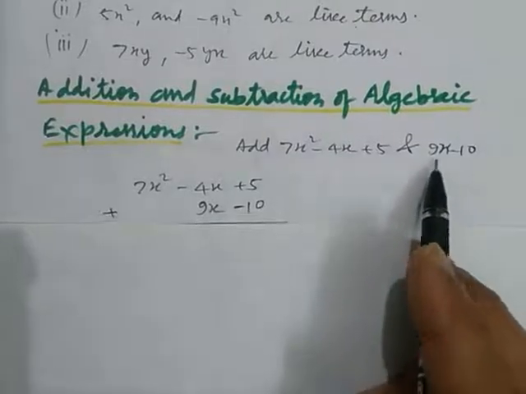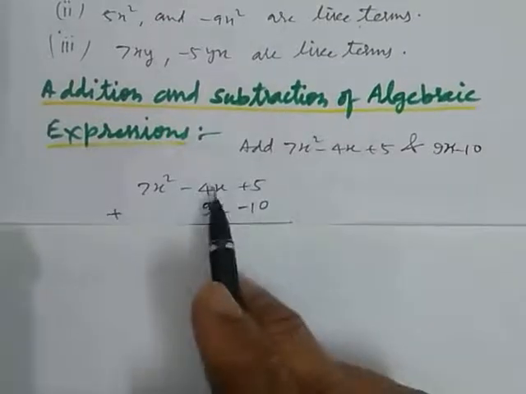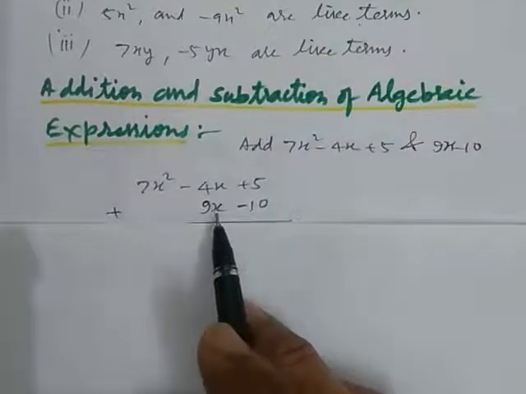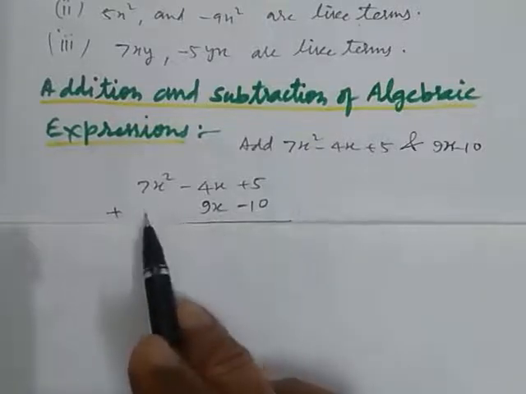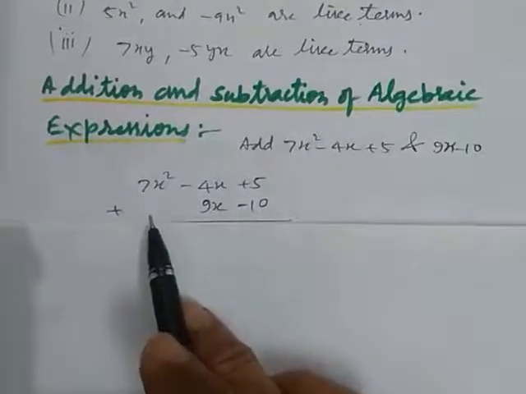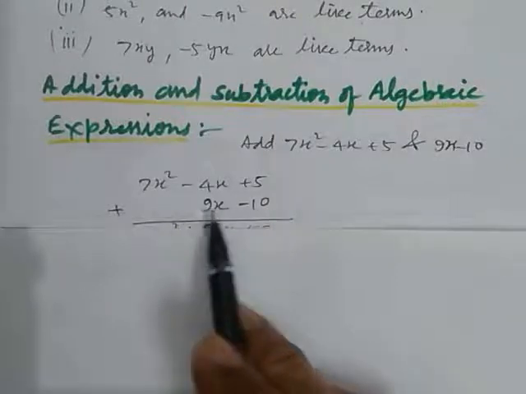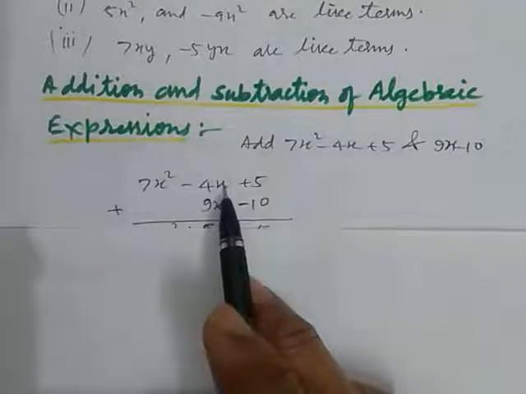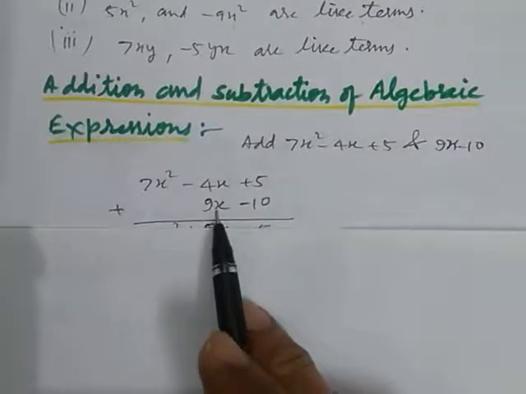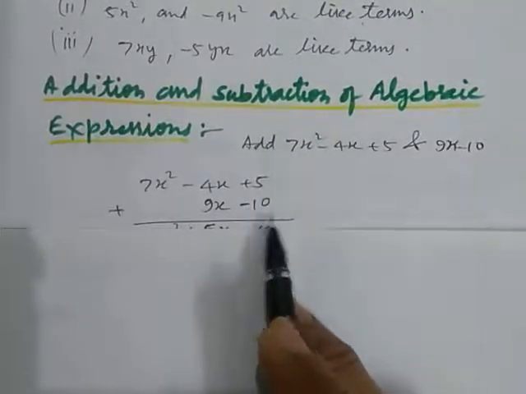Then we write 9x minus 10 in such a way that like terms come behind one another. This expression does not contain an x square term, so we leave it blank. This is 9x and this is minus 4x, which are like terms, so we put 9x behind the 4x, and the numerals together.